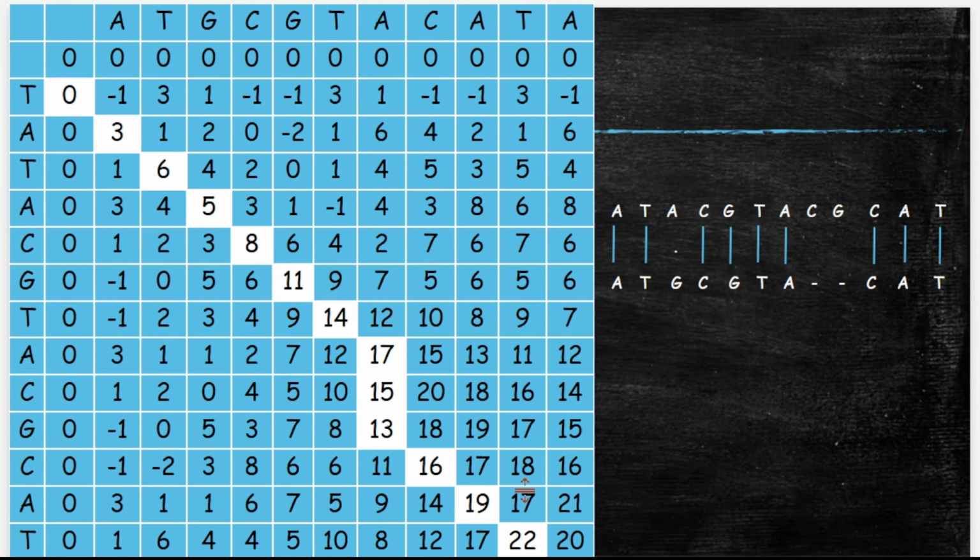Starting from the optimum score, or what we call the highest score in the matrix, we check the corresponding residue at the particular position. Here we have the T corresponding to the T, telling us that there is a matching sequence right here.